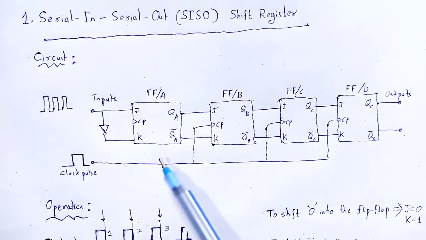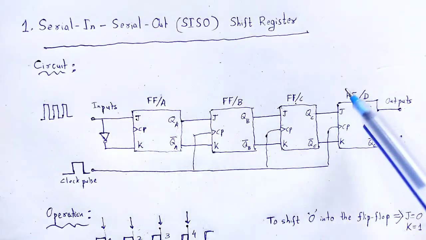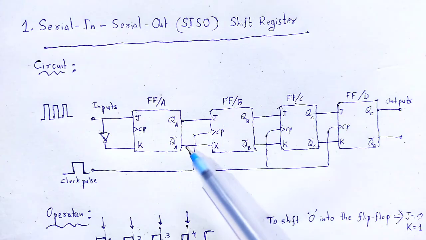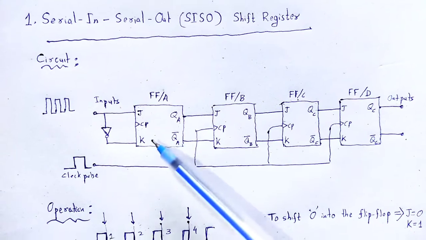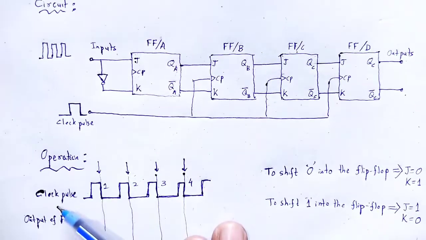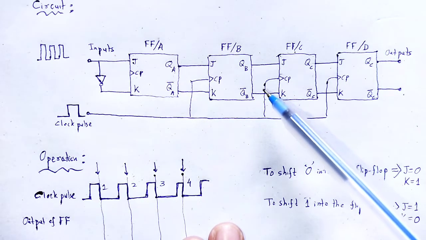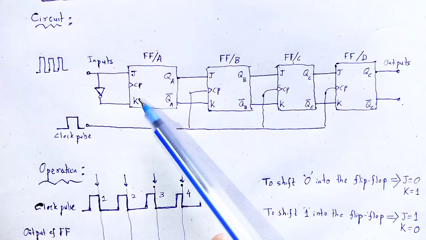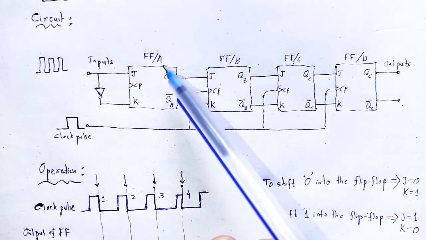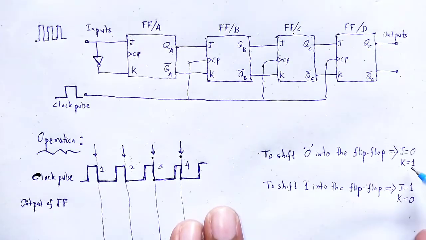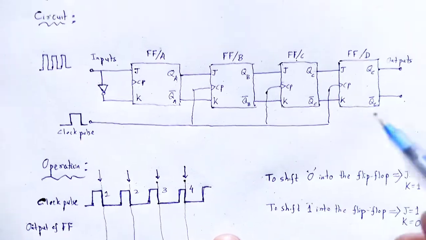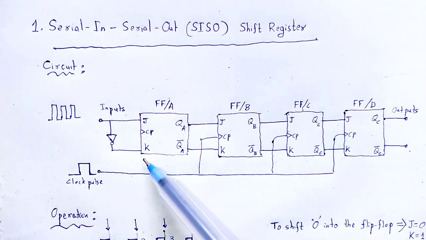So, here we take the master slave JK flip flop, whose logic level is sensed at the falling edge of the clock pulse. Initially, all the flip flops have the inputs J is equal to 0 and K is equal to 1 except the first flip flop.